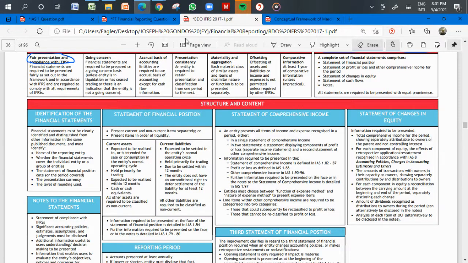Then the second one is presentation consistency. So we are saying an entity is required to retain presentation and classification from one period to the next.